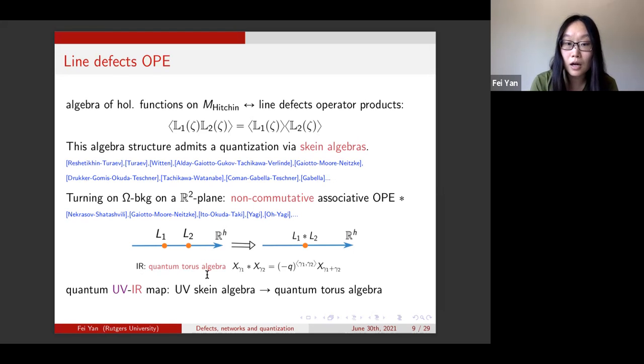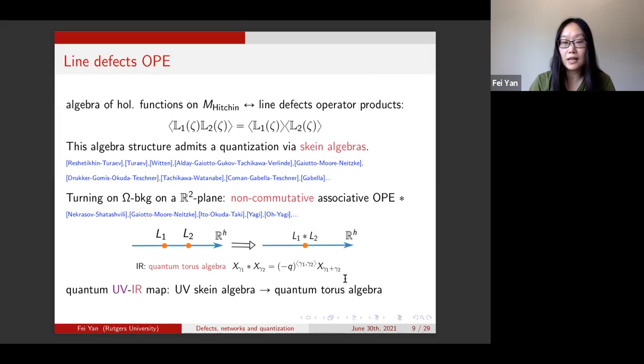And in general, in the UV, in a generic class S theory, those are of course described by the skein algebra, but in general, it's not a simple description. However, in the infrared, there is a simple description, which goes under the name of the so-called quantum torus algebra. This quantum torus algebra also has a really nice physical interpretation. Namely, on the left-hand side, I have two infrared lines, X gamma 1 and X gamma 2, with charges gamma 1 and gamma 2.